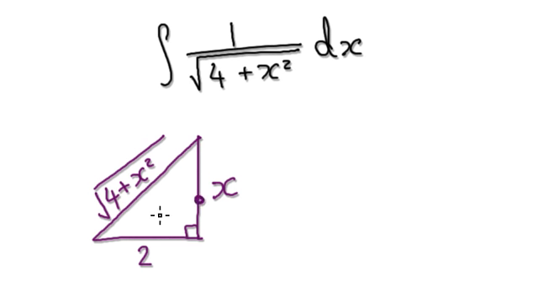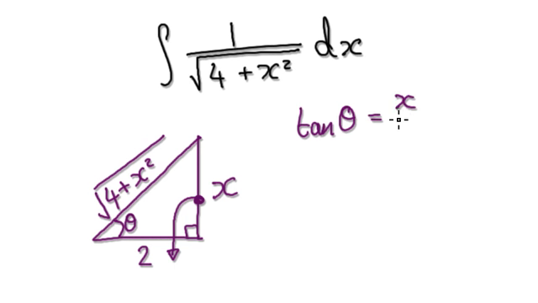Now if you look at this here, let's just say whatever this angle may be, we don't care. It's just an angle. So now tan of the angle equals x over 2. So now times both sides by 2, then that will give you this.